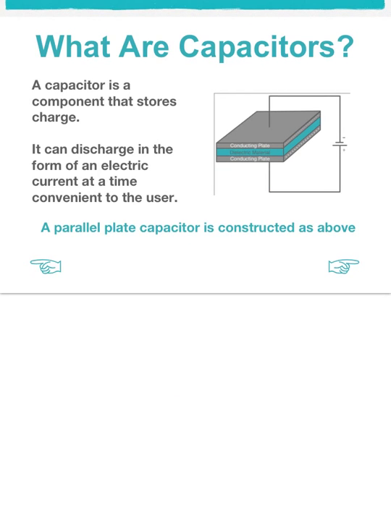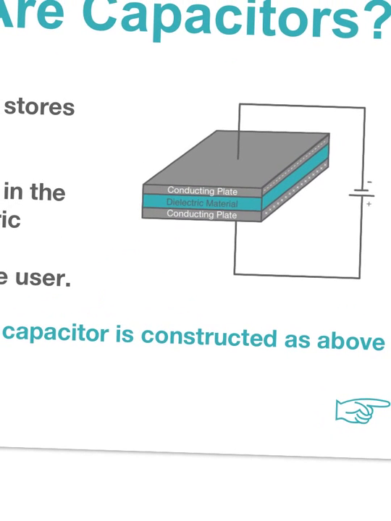Let's have a look at the capacitor in a little bit more detail. For a capacitor, we have two conducting plates, and inside an insulating material called a dielectric. So we said this cannot be a material that conducts. It's a material that insulates and stops the flow of charge.